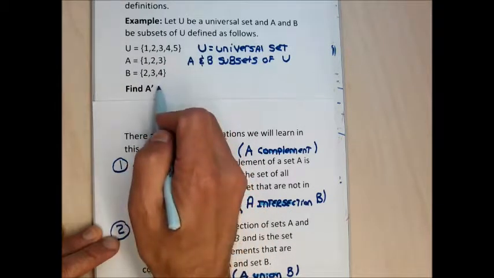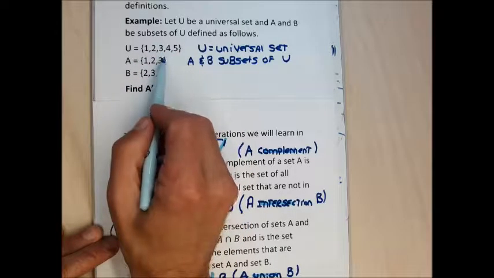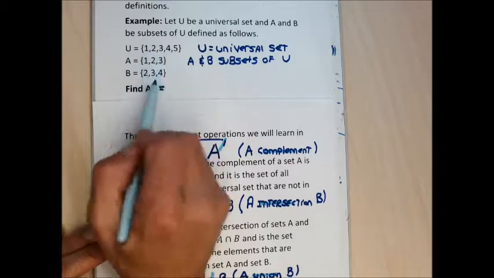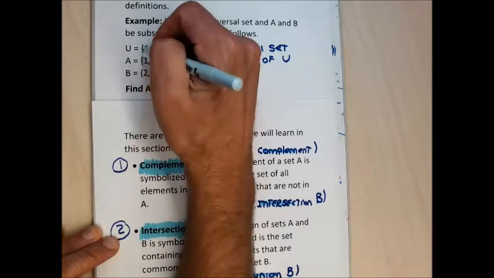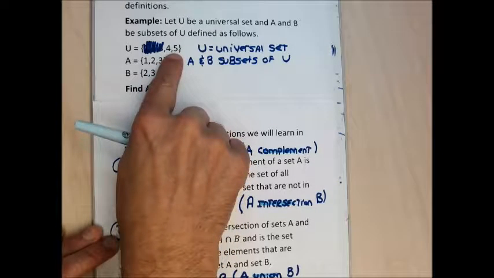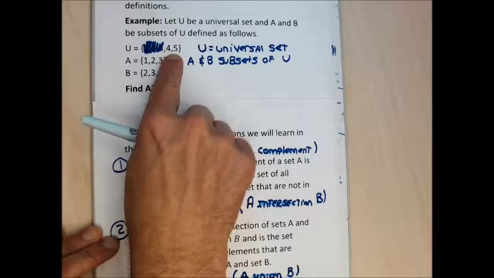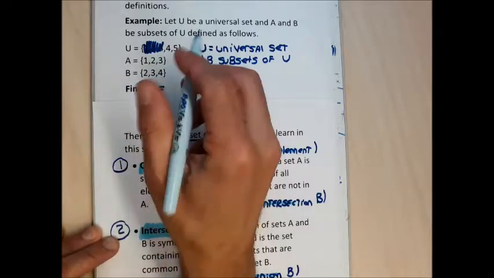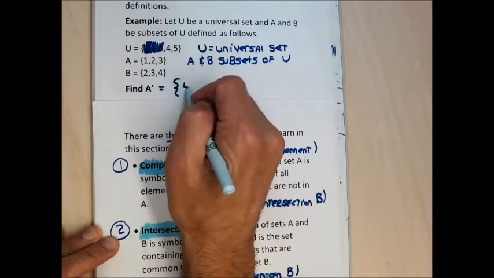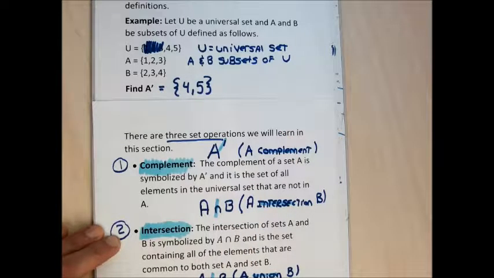To find A complement is all the elements in the universal set that aren't in A. So if I simply go to the universal set, if I'm trying to find A complement, and I cross out any elements in the universal set that are in A, I'll be left with the elements of the universal set that aren't in A. And that's what the complement of a set is. The complement is every element in the universal set that isn't in the given set. So the complement of A, or A complement, would be the set that contains the numbers 4 and 5.